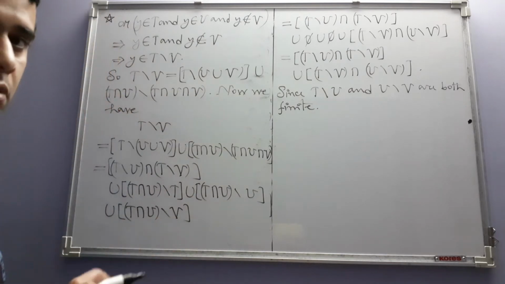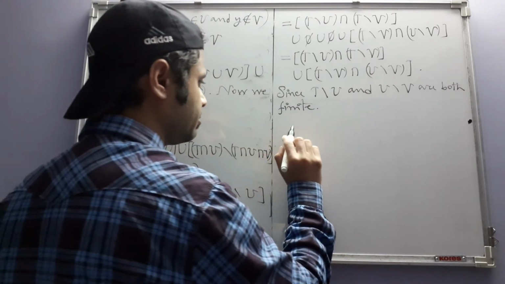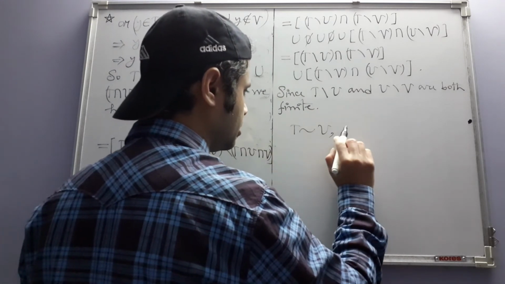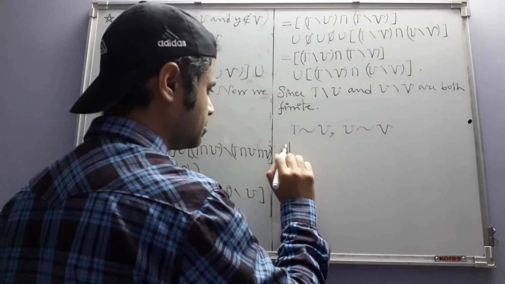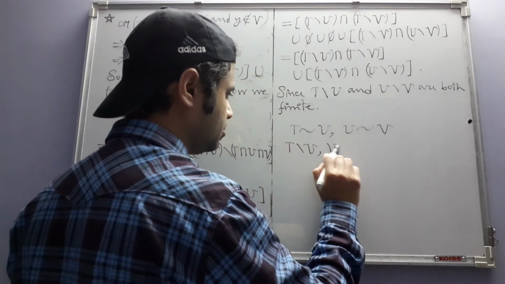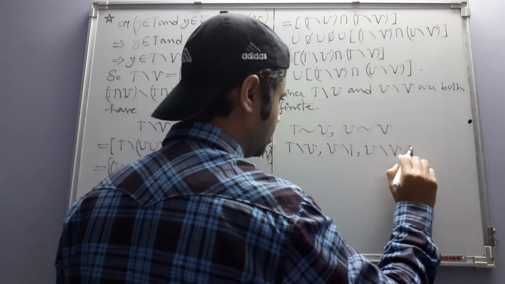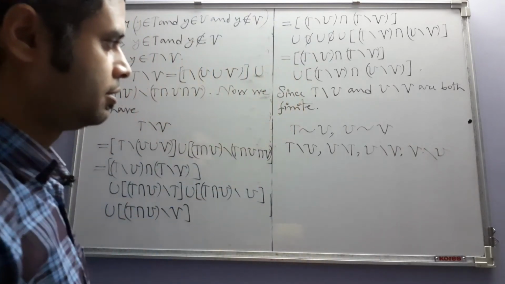you go back to where things started. What did we consider there? T is related to U and U is related to V. So that means T difference U, U difference T, U difference V and V difference U, these are all finite.